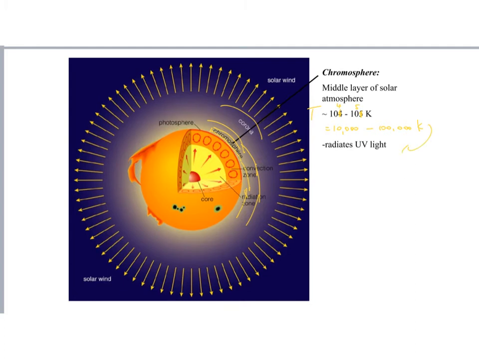And again, Wien's law, that links the wavelength with the temperature, reveals to us that that layer of the sun radiates with ultraviolet light.